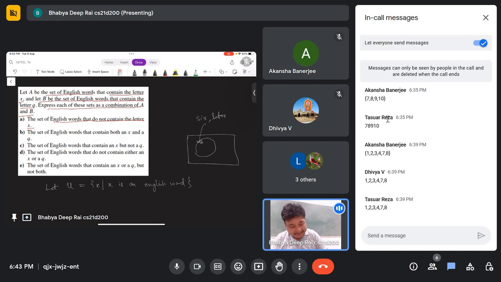And B is the set of words that contain the letter Q. There could exist something that has both X and Q. Nothing comes to mind, but one word is the novel called Quixote.